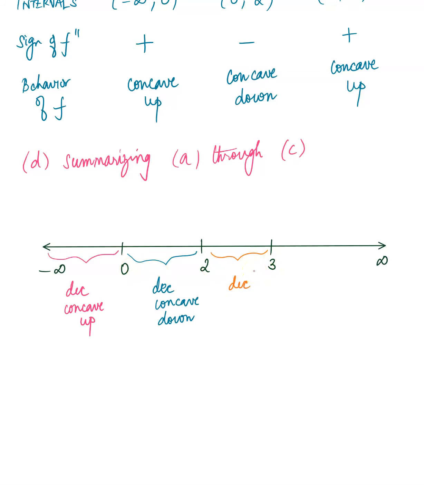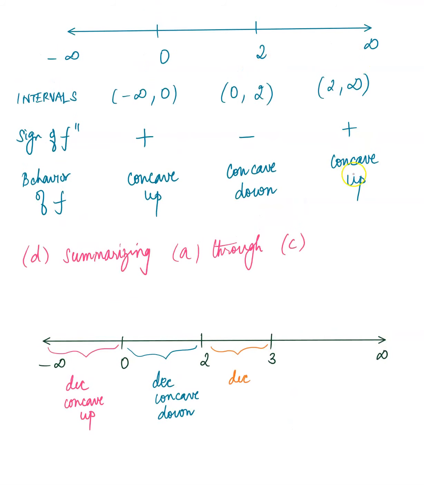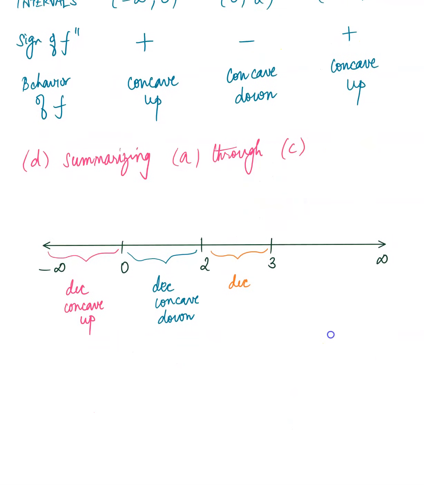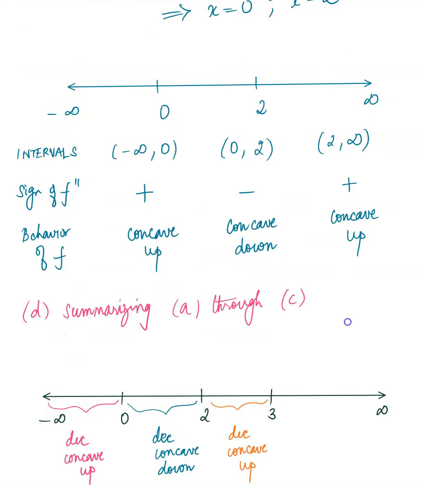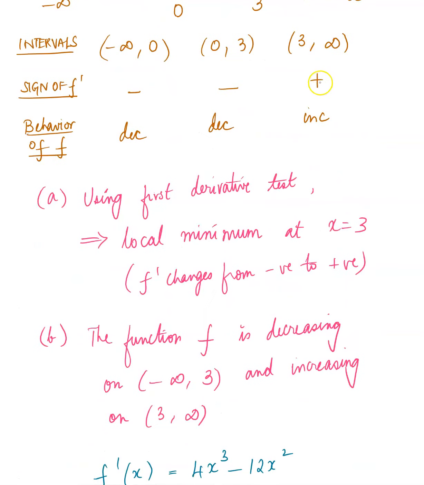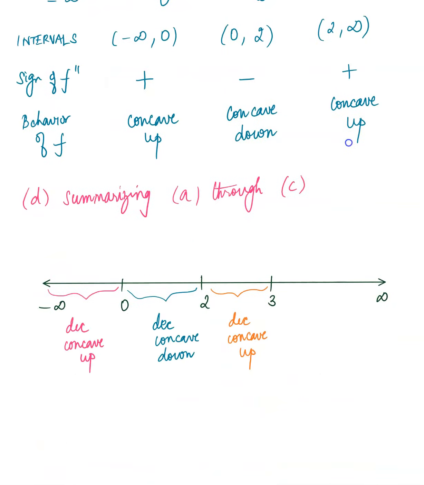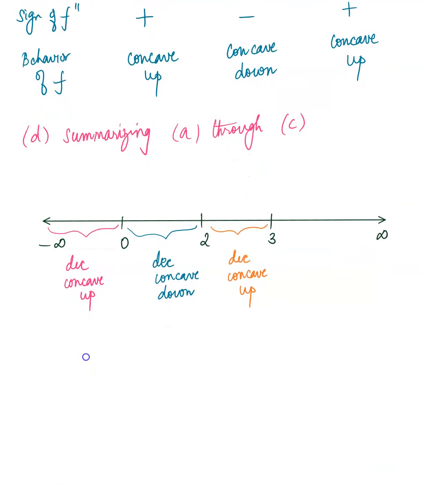And 2 to infinity is concave up, which means 2 to 3 is also concave up. And then 3 to infinity will be concave up right here. And from here, 3 to infinity is increasing and concave up, the last one.